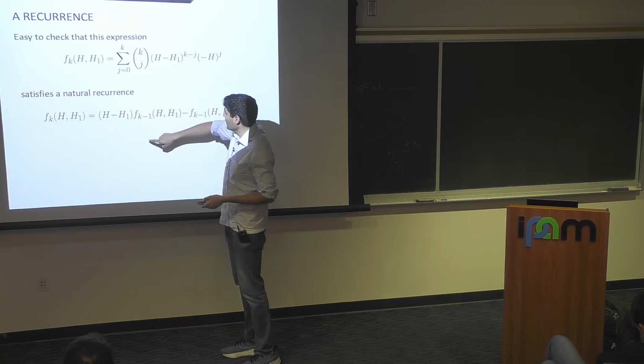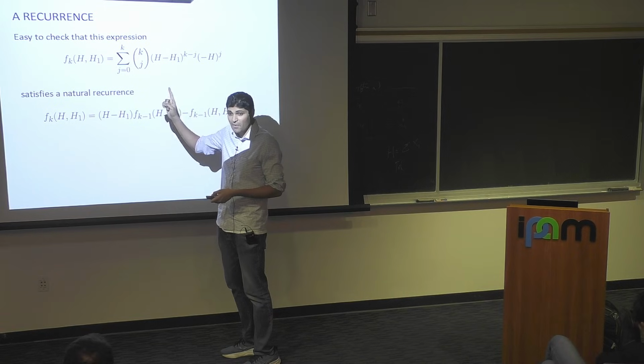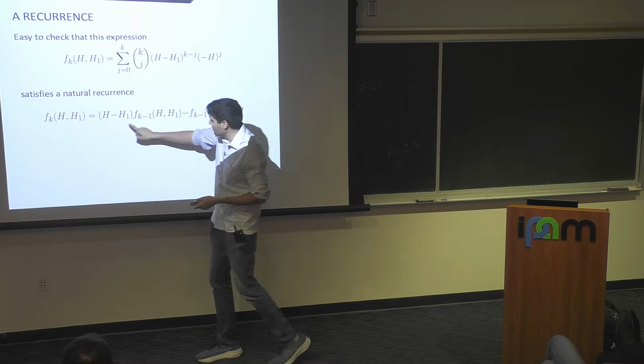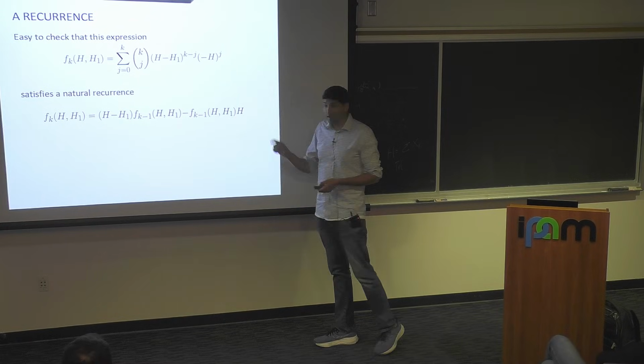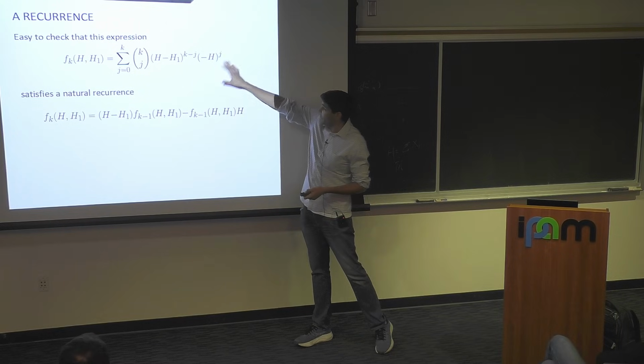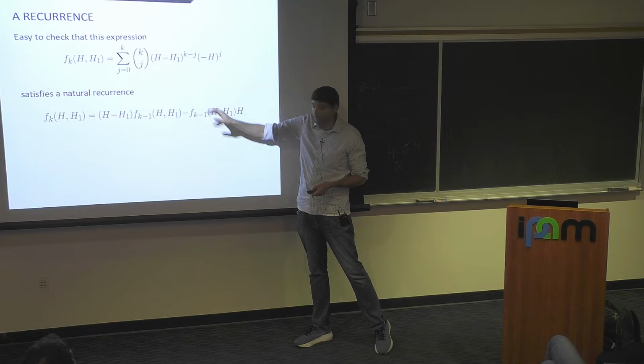And you're just figuring out whether you choose k minus 1 from one part versus k minus 1 from another. All that you have to do is you just have to make sure that you multiply on the correct side by either h minus h1 or h on the right, right? Because all the h's are happening on the right and all the h minus h1s are happening on the left.